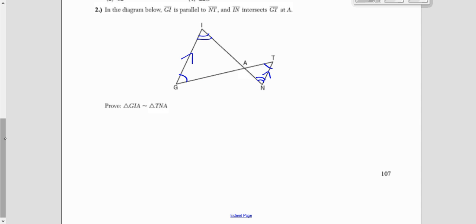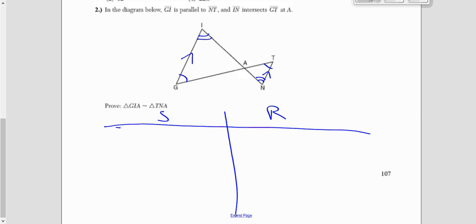Yeah. So let's do this thing here. Reasons. Get your given in there. Not much room. So 1, GI parallel NT. You can abbreviate stuff. Parallel to NT and IN intersects GT at A.